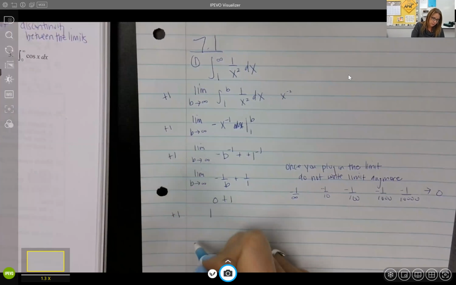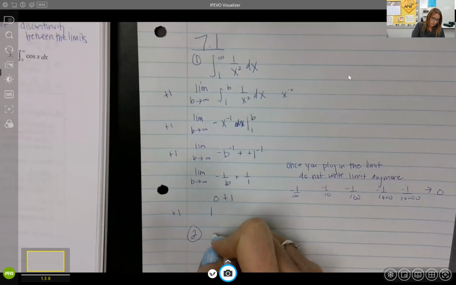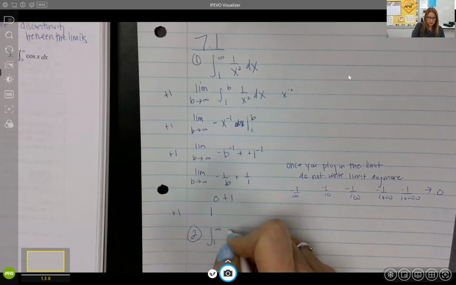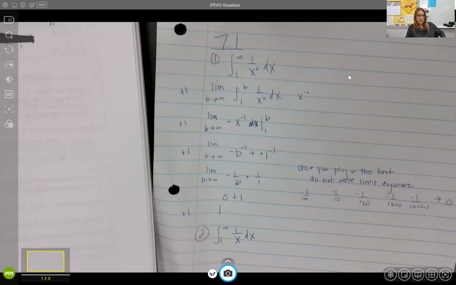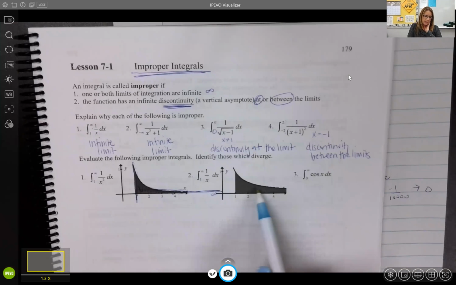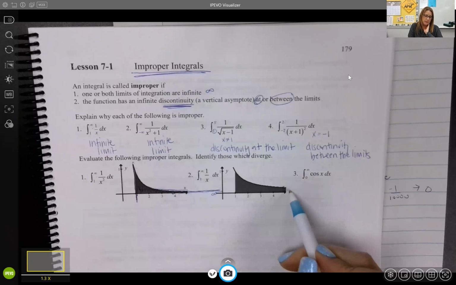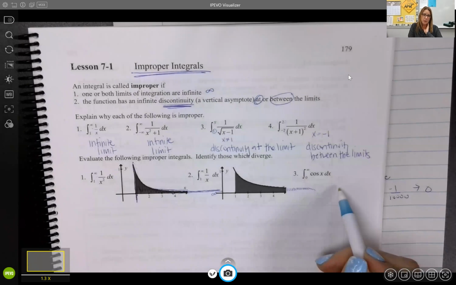Okay, number 2. So now we're doing the integral from 1 to infinity of 1 over x dx. So I want you to look at this graph. And I want you to notice that this one isn't getting as small as fast as this one was. So this part right here, it may just keep growing too much to be able to cut it off and say, I don't need to worry about this part anymore.